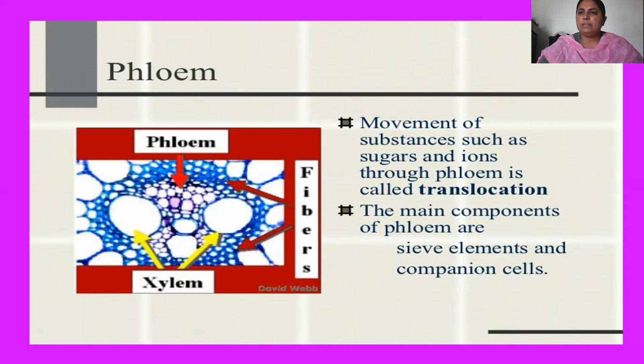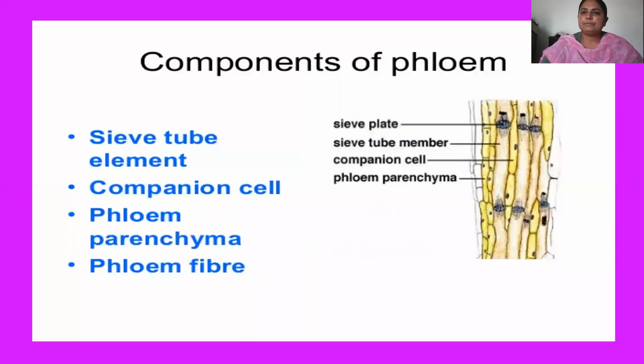If they are responsible for short distance transport of food, they are known as sieve cells. If they are involved in long distance movement of food material, they are known as sieve tube members. The sieve tube members are elongated tube-like cells having perforations at their ends.